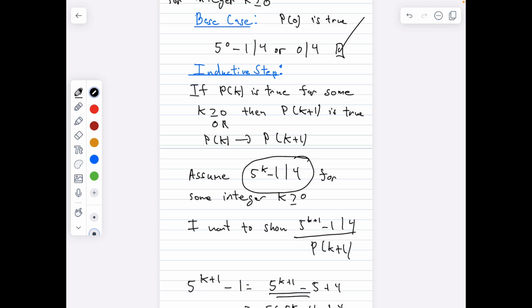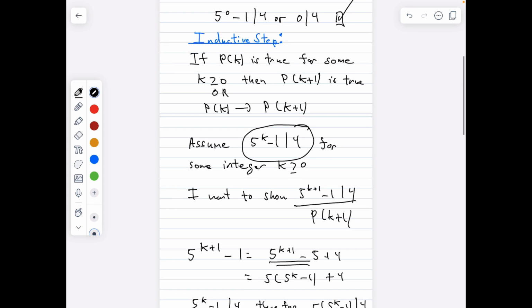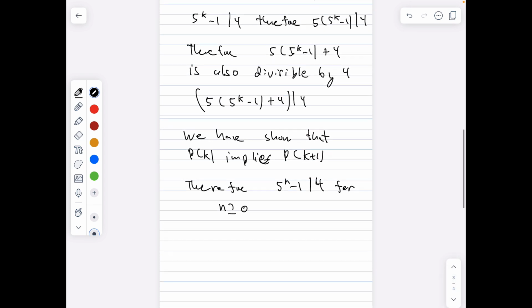So if P of 0 is true, that's what the base case said, the inductive step will tell you, well, if P of 0 is true, then P of 1 is going to be true. And again, the inductive step would say if P of 1 is true, then P of 2 is true, and etc. P of 2 implies P of 3, and that goes on forever and ever. So that's why mathematical induction would work here.